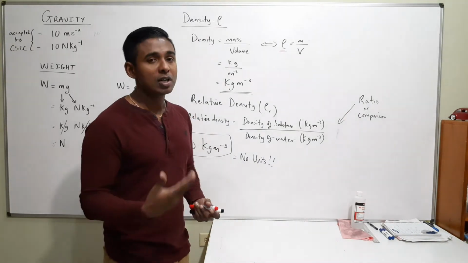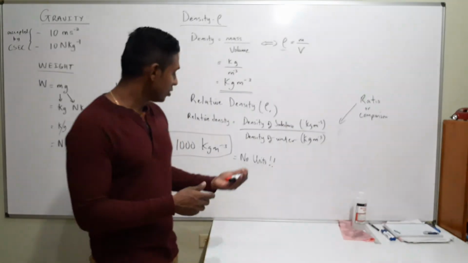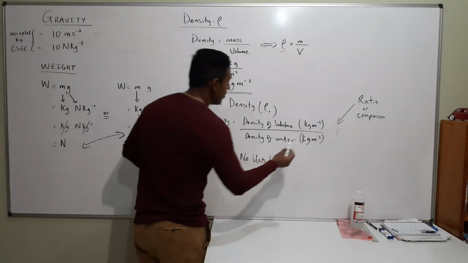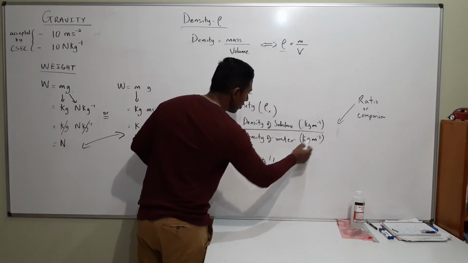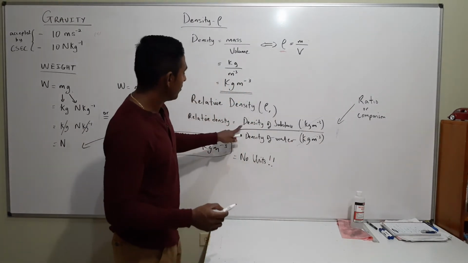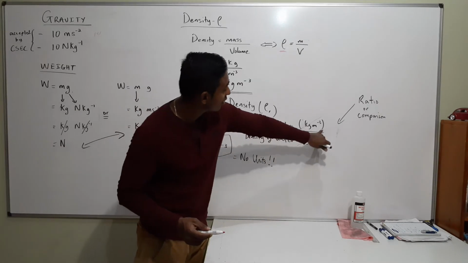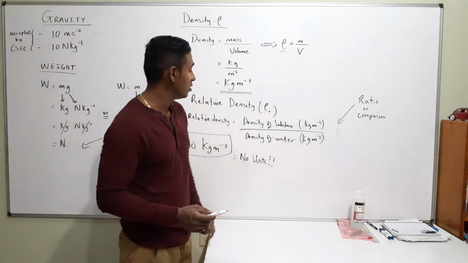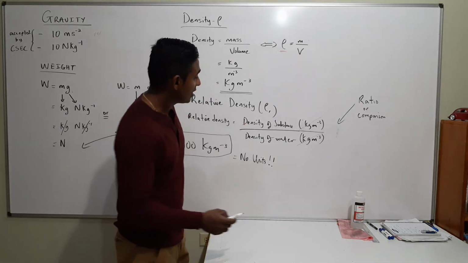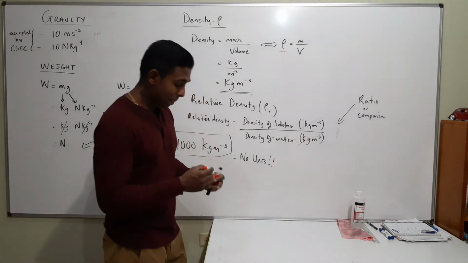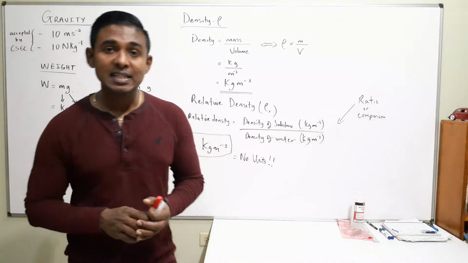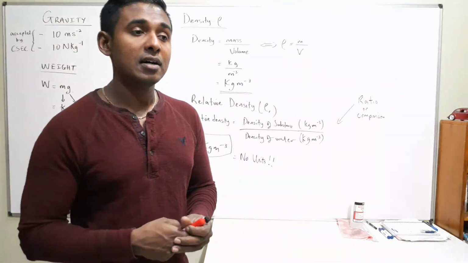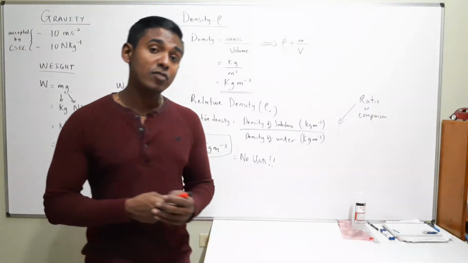We can also prove that these units divide each other out from the formula, because the density of the substance is in kilograms per meter cube, whereas the density of the water is in kilograms per meter cube. And if we were to divide them, they divide themselves out. So relative density is the density of a substance compared to the density of water.